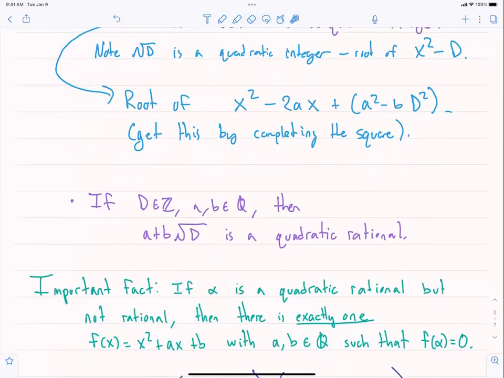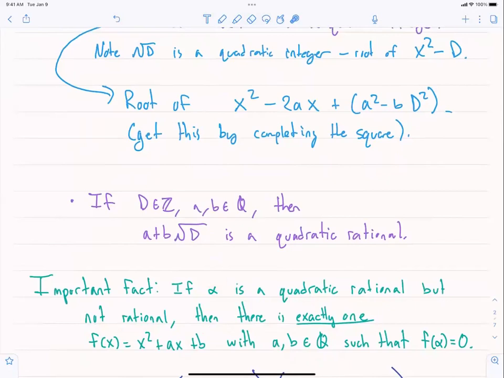It's a root of a degree 2 monic polynomial with coefficients in Q. So if that number alpha is a quadratic rational, but it's not itself rational, so of course any rational number is a quadratic rational, because 7 is a root of x minus 7, for example. But if you're not in this case, if you have some quadratic rational that is not itself a rational number, then there's actually exactly one degree 2 monic polynomial such that f of alpha is equal to 0.